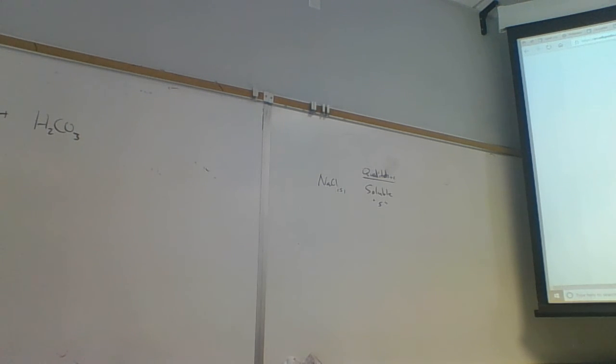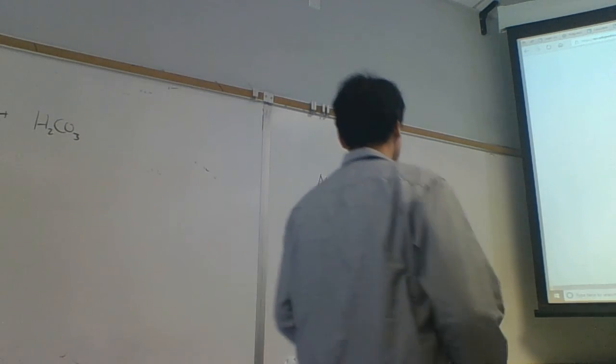So, is there a limit? Salt is soluble in water. Is there a limit to how much salt you can dissolve in water? Let's say I want the saltiest salt water I can make. Can I dissolve an infinite amount of salt in water? No. There is going to be a maximum.